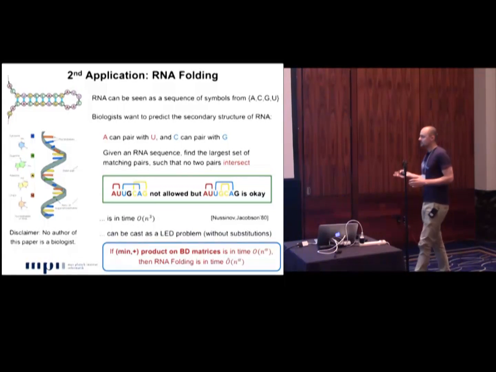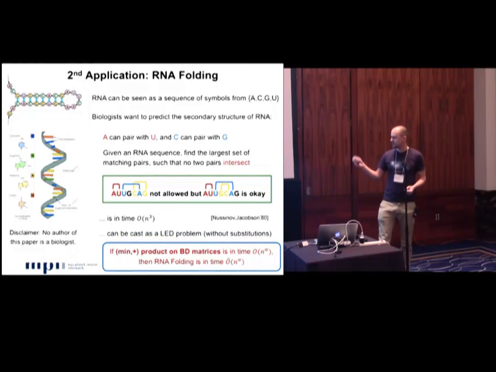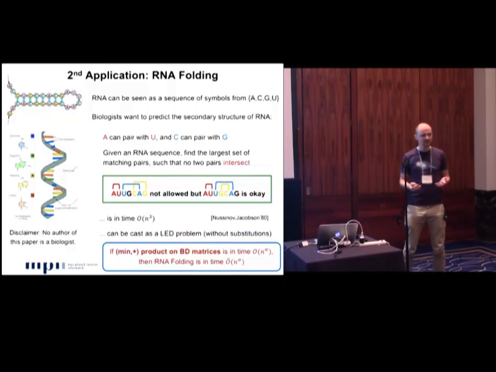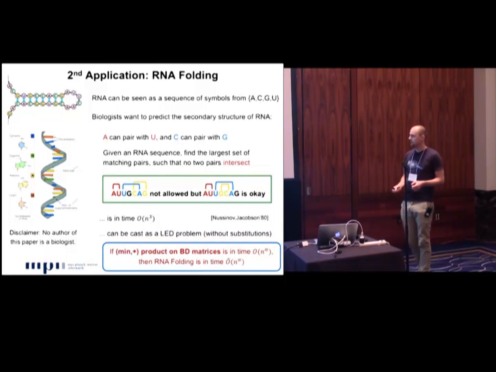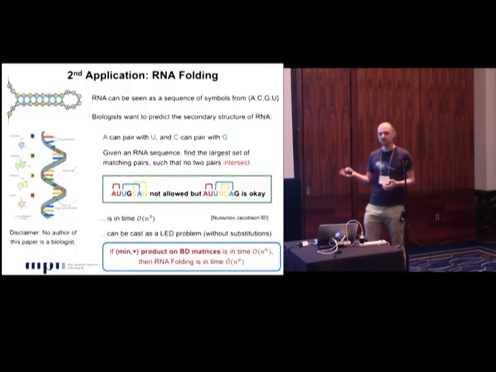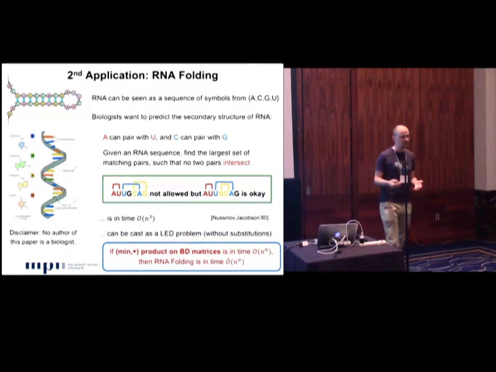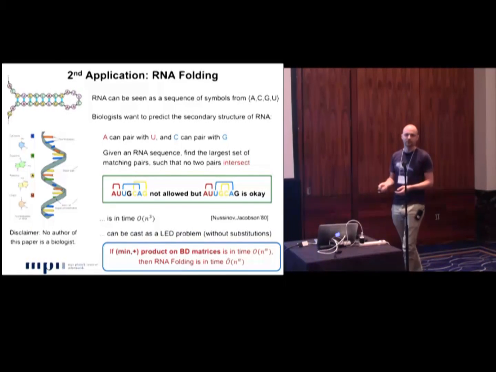And then one can observe that RNA folding can be cast as a language edit distance problem, only that now you only allow insertions and deletions and no substitutions. And then again, by similar arguments, if you have a fast min plus bounded difference algorithm, then you also get a fast algorithm for RNA folding.